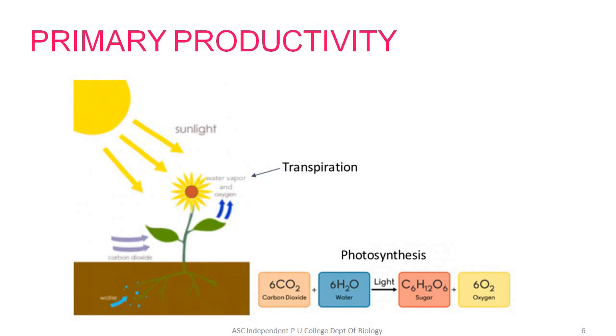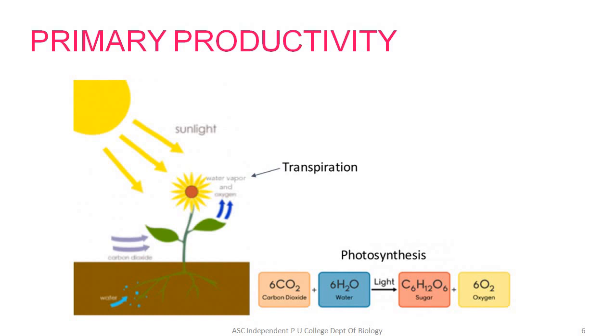In this slide, you can see the picture which depicts the process of photosynthesis. Sunlight is trapped by the plant body, carbon dioxide is taken in, water is taken, and it releases oxygen, and during the process, formation of glucose takes place. So utilizing the inorganic nutrients, organic substance is formed during the process of photosynthesis.